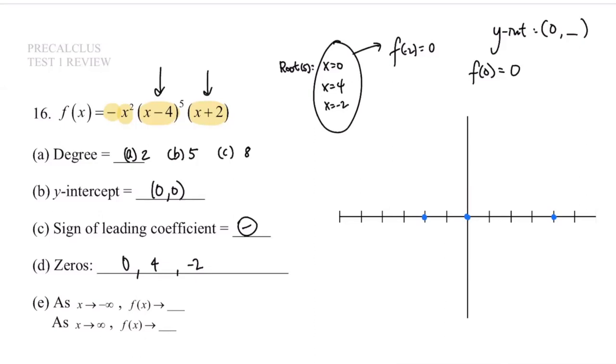So it would not be 2. Last year, a lot of people would pick 5 because that's the biggest number that they saw. And unfortunately, that's not the case because you have more x's to multiply together.